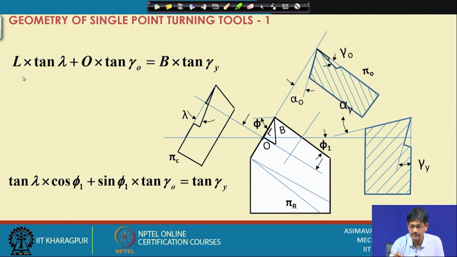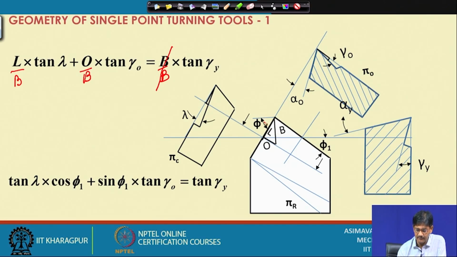So, let me take just a moment. Yes, if we use this expression, we have divided by B, and this cancels out. So that finally, what we have is L by B. What is L by B?